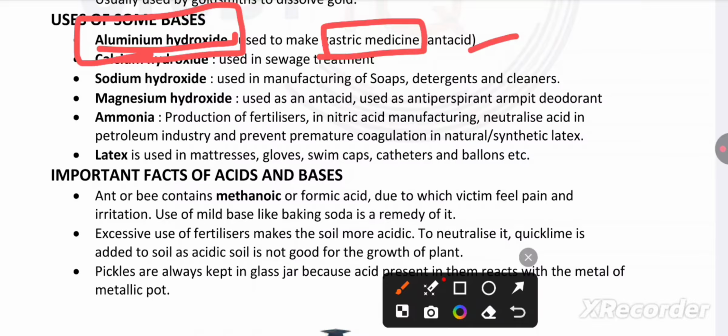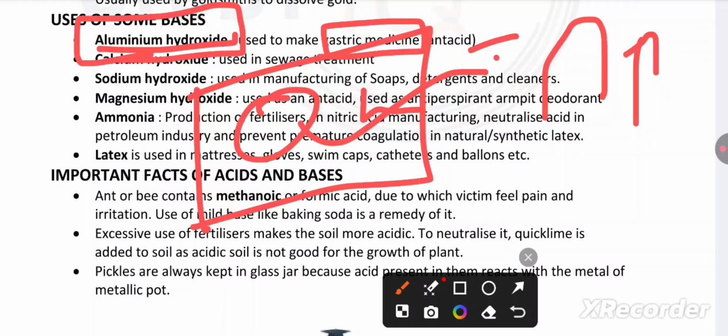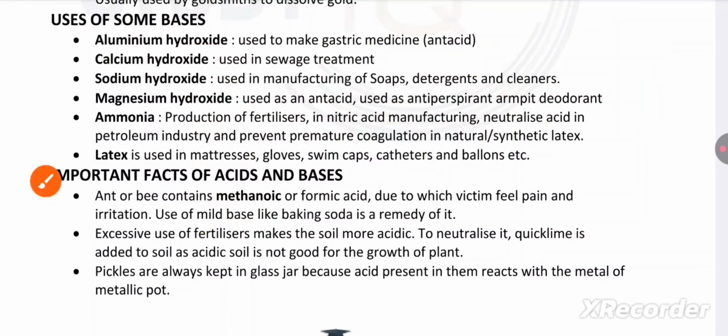Aluminium hydroxide, how can we remember this? We make food in aluminum foil. When we eat that, stomach acidity will increase, so we need to use a base to reduce it. This is the shortcut.